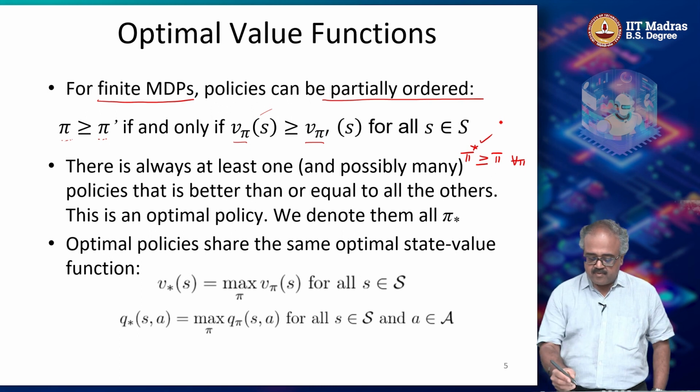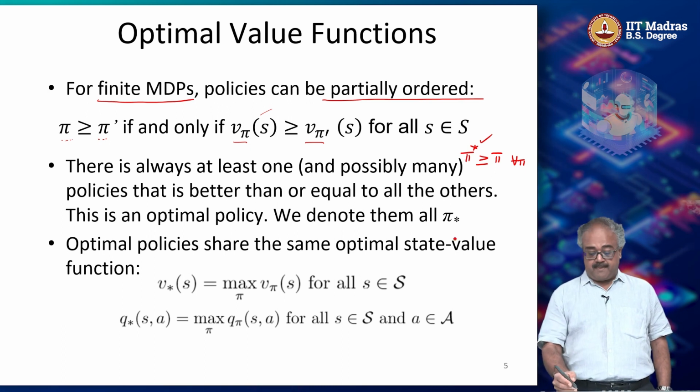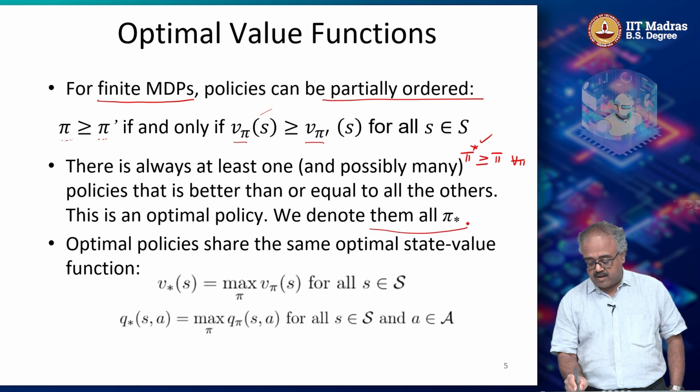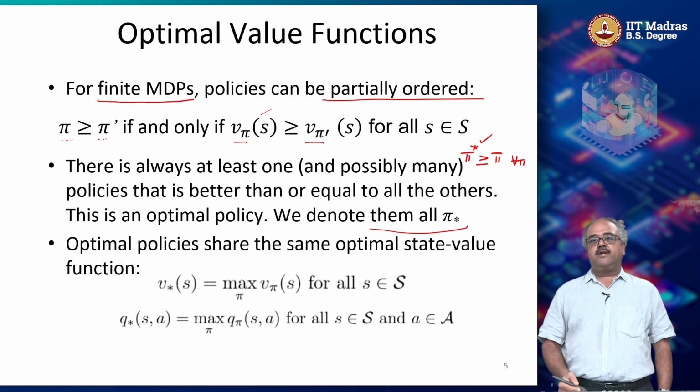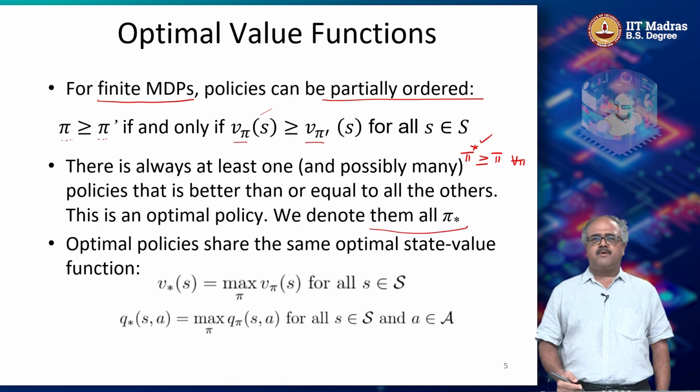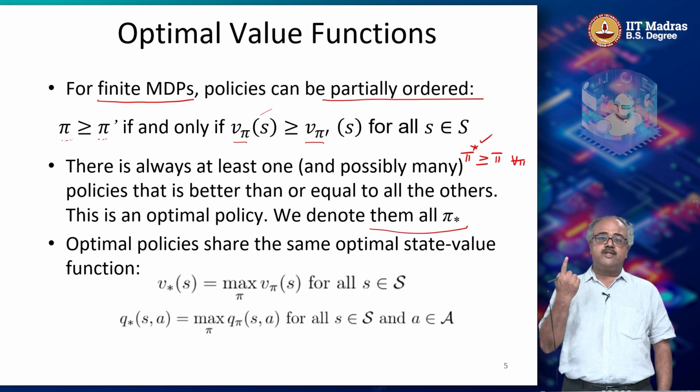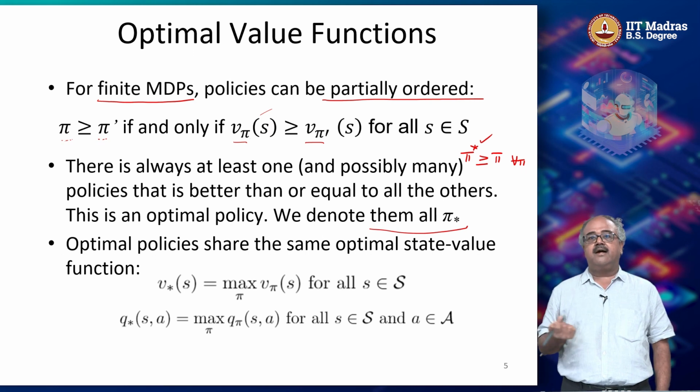That means there could be many pi stars. We denote all the optimal policies as pi star; it could be any one of those optimal policies, we do not care. But among these optimal policies, there is at least one policy that is deterministic.